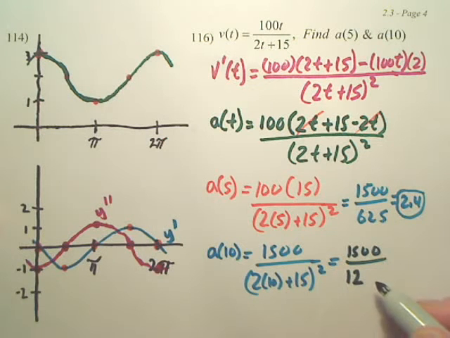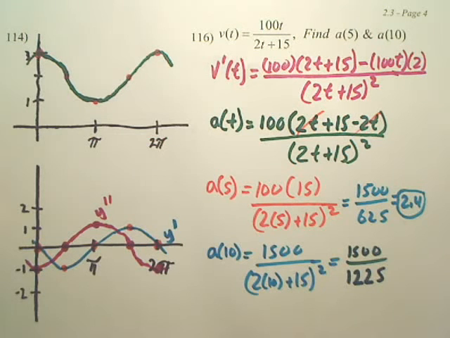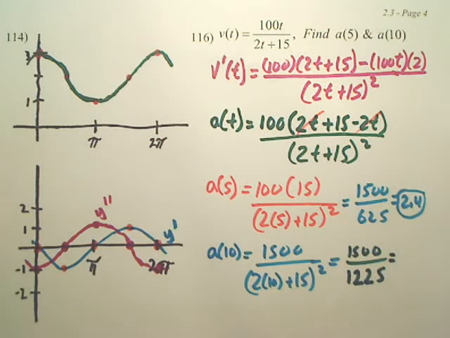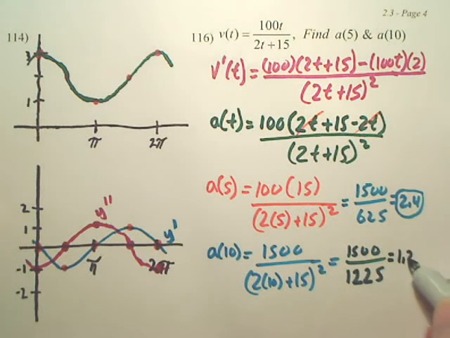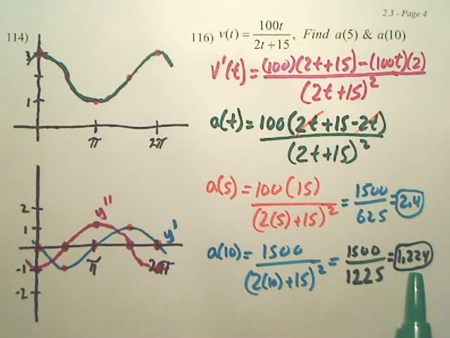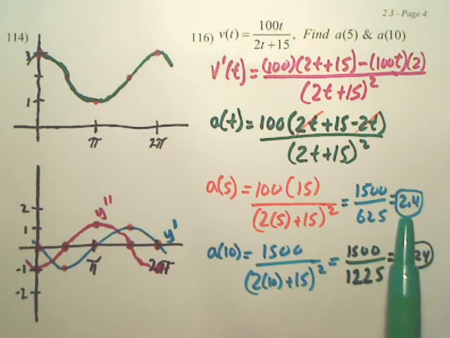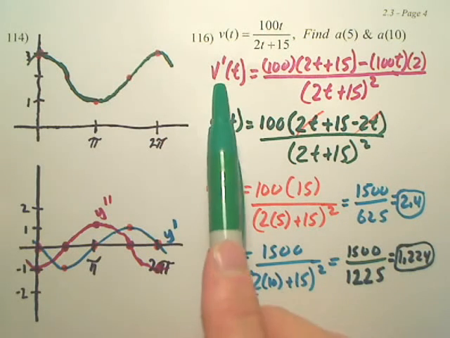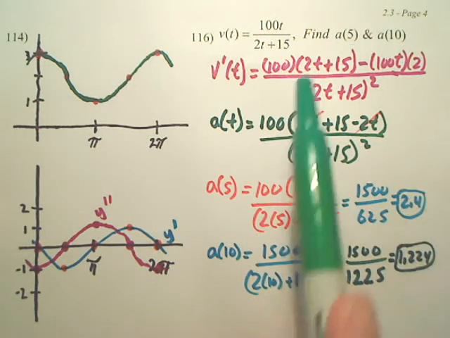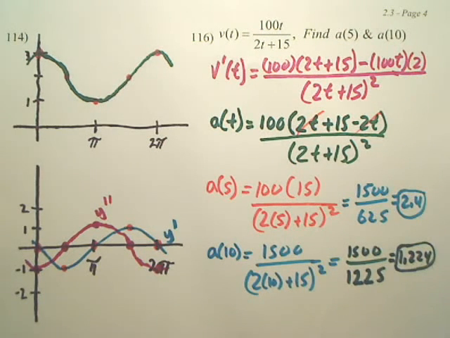Is it 1225? Is that right? 35 squared? And then if we divide that, what do you get? Could someone tell me that? 1.224. That's the acceleration at 10. That's the acceleration at 5. You could have done this all simply with your calculator by taking this equation, taking the derivative at 5, at 10 as well. Make sure you can do both methods.